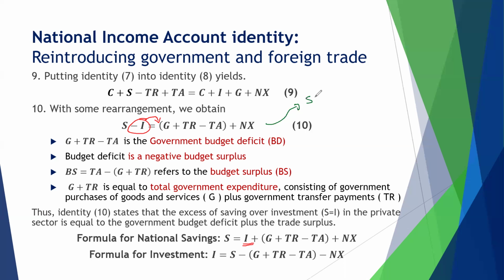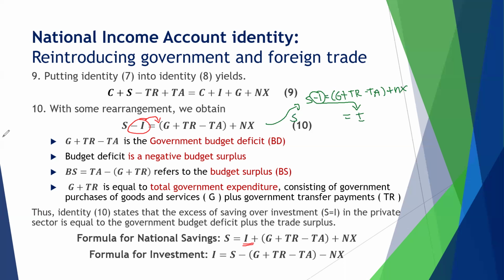So here we have S minus I is equivalent to G plus TR minus TA plus NX. So what I did is I simply isolate I on this side. So of course, the I here will become positive. Then we have here, copy the savings.